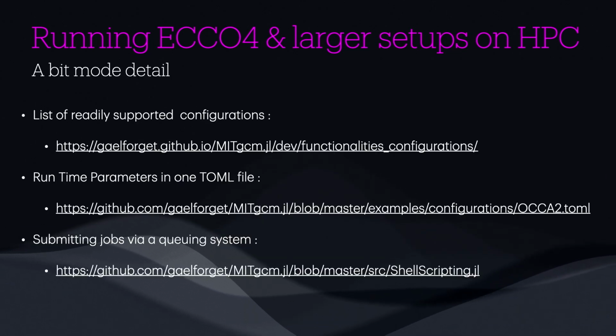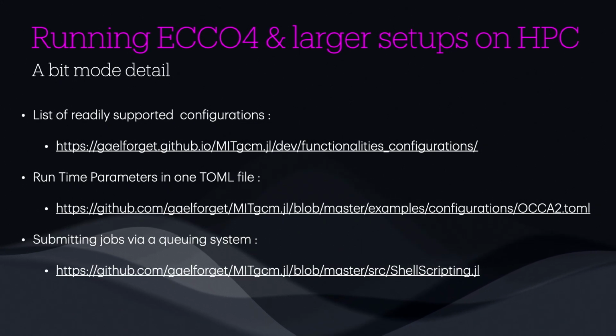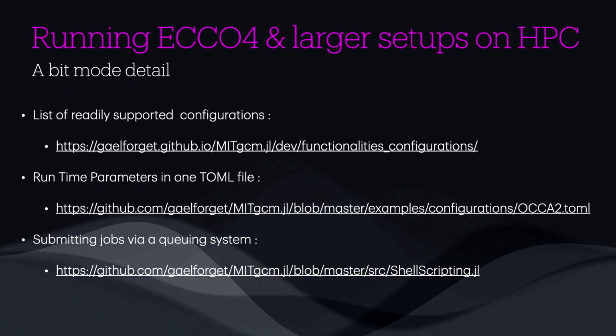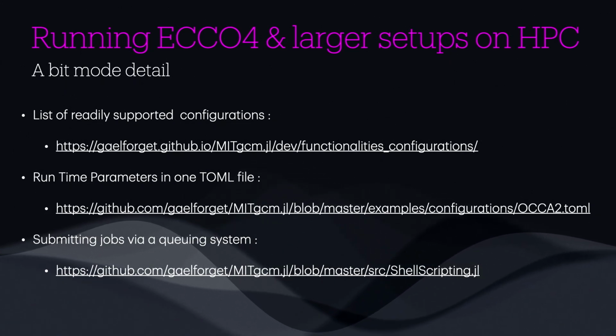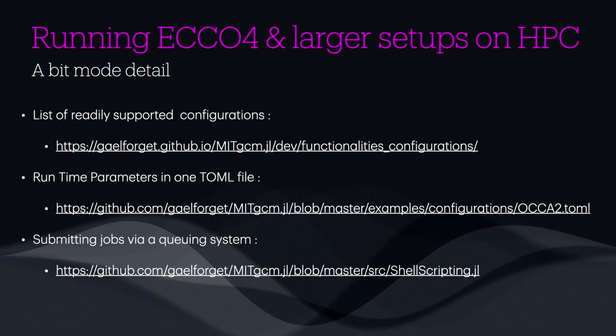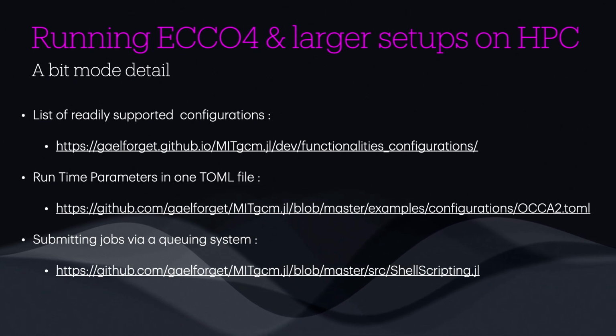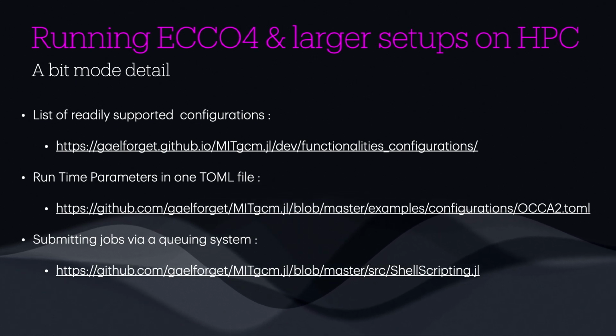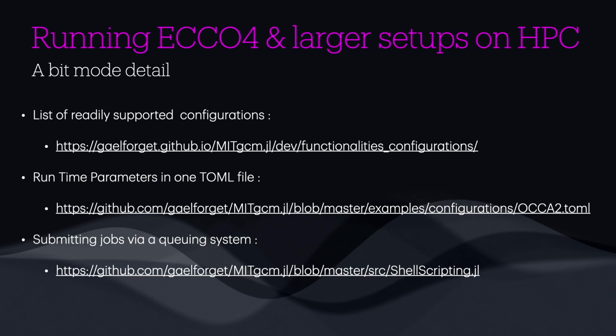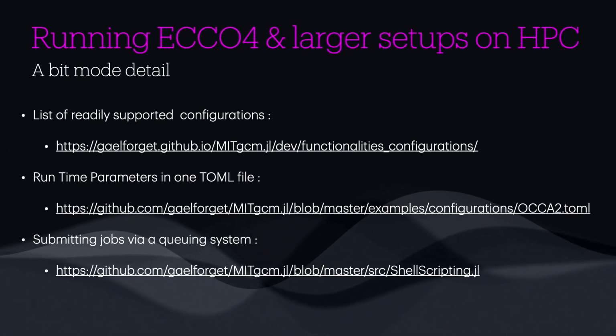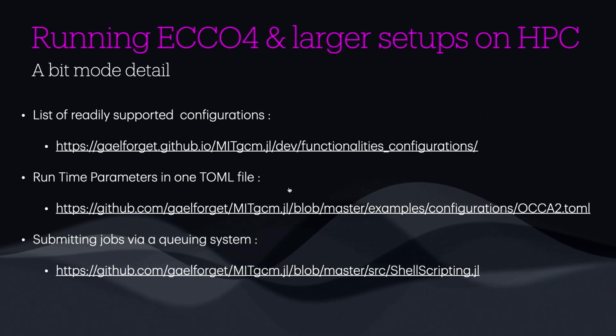I'm going to skip this, but I guess what this will point you to is a bit more detail on how the different configurations are encoded in Julia. That's the first thing. But the way that I'm dealing with all of my runtime parameters, this sort of monolithic thing leads to, I guess I'll show you this one.